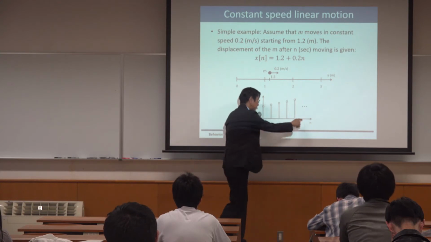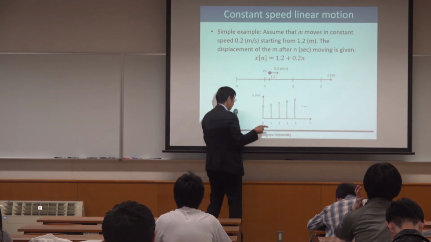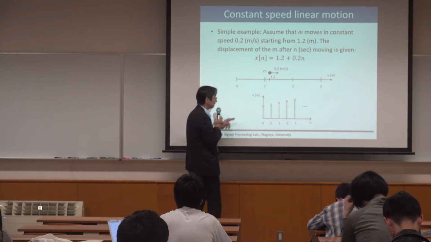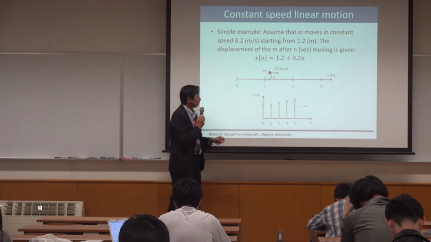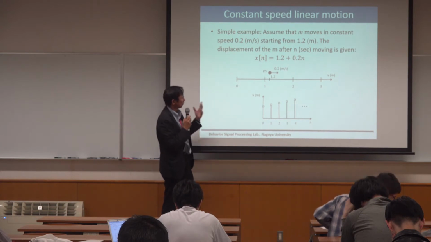And if n is continuous time, which is included in a real set of data, then this becomes a simple line. Well, anyway, this is the hidden phenomenon.